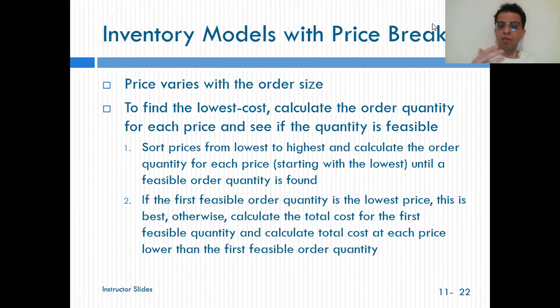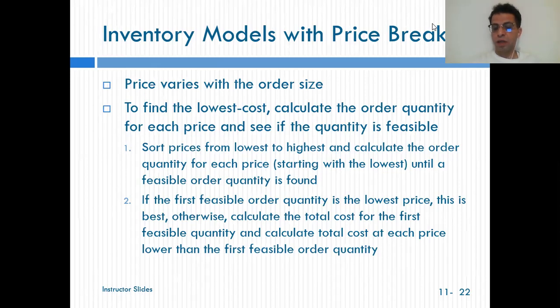Sort the prices from the lowest to the highest and calculate the order quantity for each price, starting with the lowest until a feasible order quantity is found. There's a certain calculation you can do to find how much quantity you need to order. If the first feasible order quantity is at the lowest price, this is best.